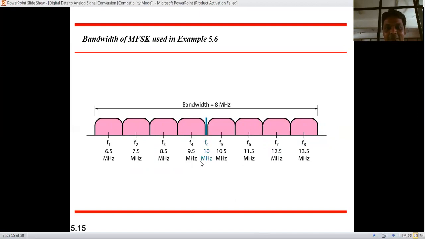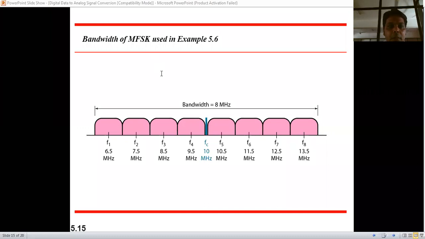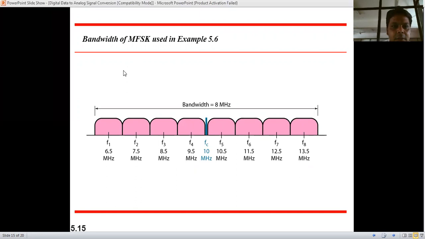Remember, we have seen how to calculate the value of L. I'm not able to select the pen, so I'll just tell you orally the formula to calculate the number of signal levels.